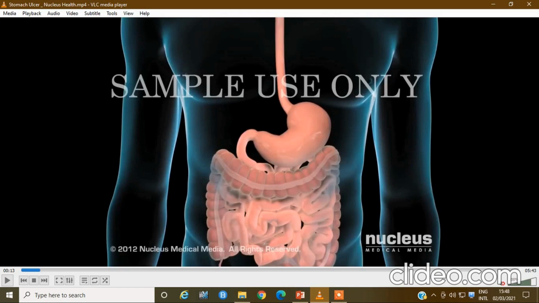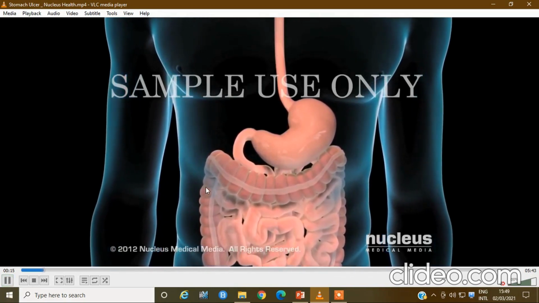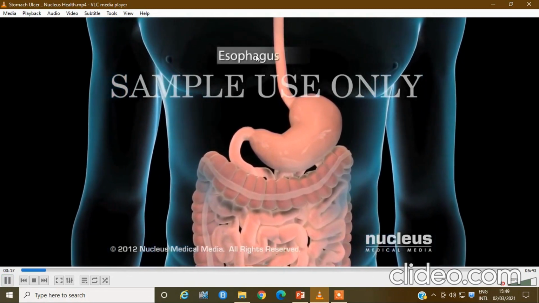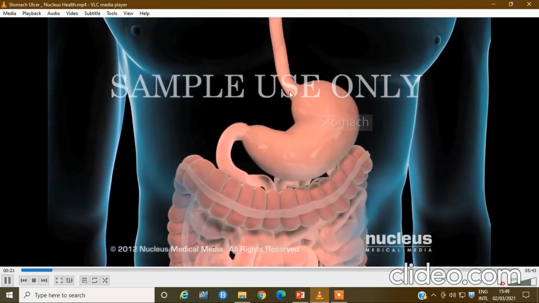A peptic ulcer is a sore on the lining of the digestive system, and according to the area where the sores are present, it has its own name. If it is present in the esophagus area, it is called an esophageal peptic ulcer.